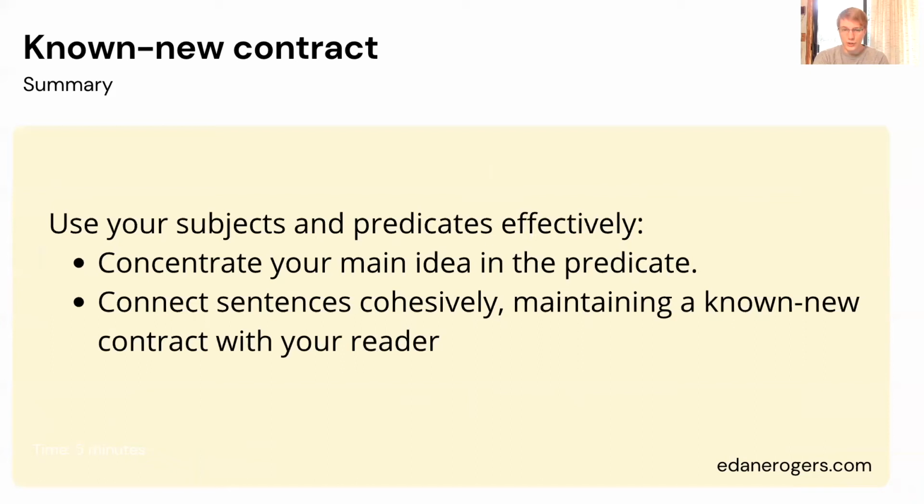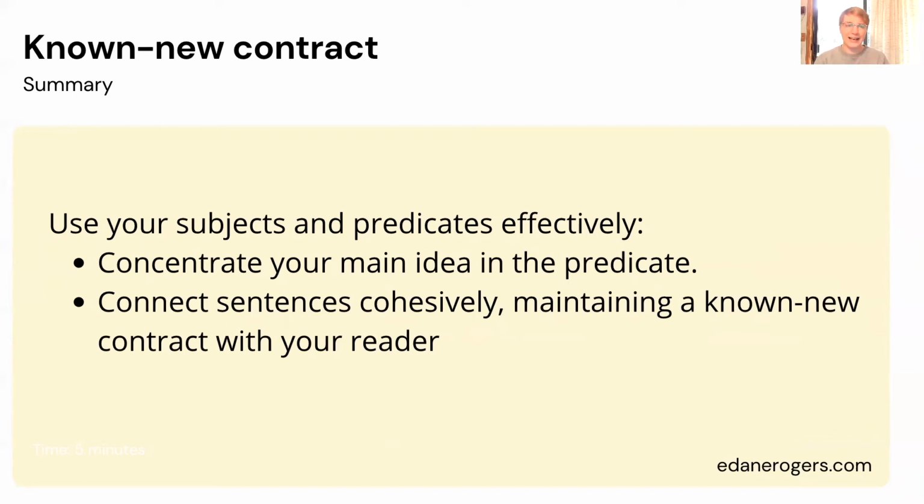If you're introducing new information, put it in the predicate. If you want to say something more about that new information, make a new sentence and use an ABBC contract. But make sure that your reader starts with some information that is common between both of you. Start them out with known information. They can put their feet on the same plane as you and understand what you're trying to talk about before you give them new information about it.